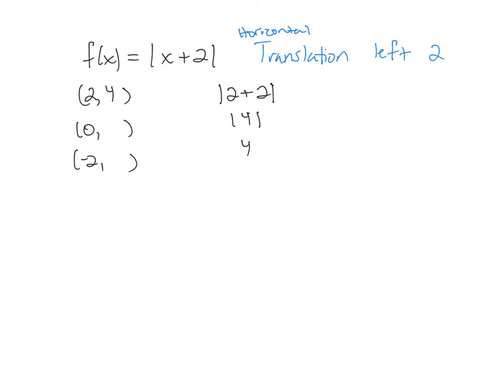And if I plug in 0, I get 2, and the absolute value is just 2. And when I plug in -2, I get 0.